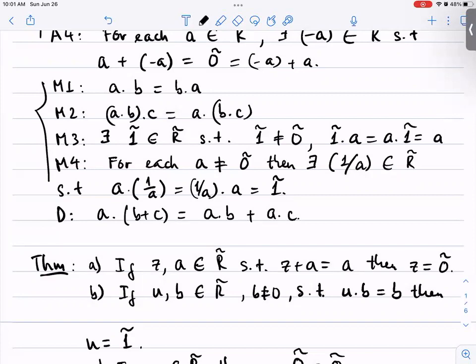And so the number one here satisfies the following properties. First, it's not equal to the zero element. Second, element 1 multiplies with A is equal to element A multiplied with 1 and equal to A.